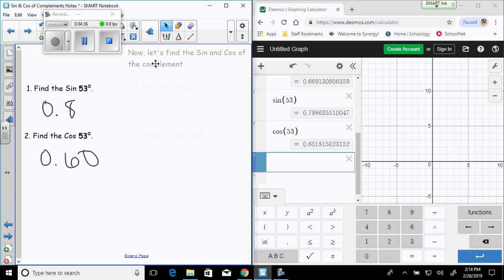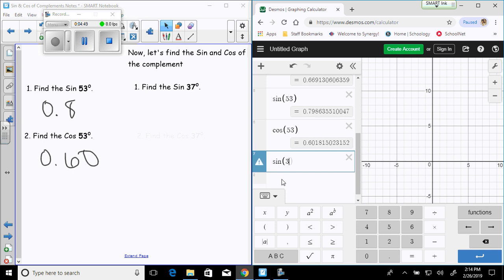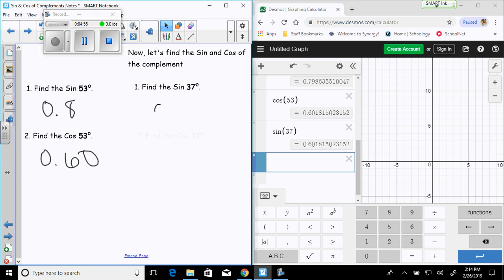All right, so now let's find the sine and cosine of the complement. Remember, the complement of 53 was 37 degrees. So we want to find the sine of 37 degrees. We get that as 0.60.